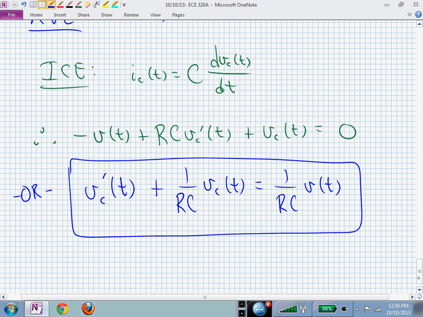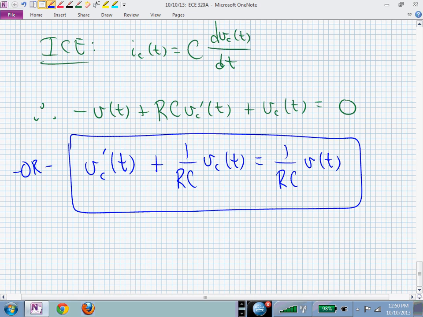And that may be more close to what you're used to seeing. We now have a differential equation that tells us how the capacitor voltage is influenced as a function of time, given a particular source input, V of t.